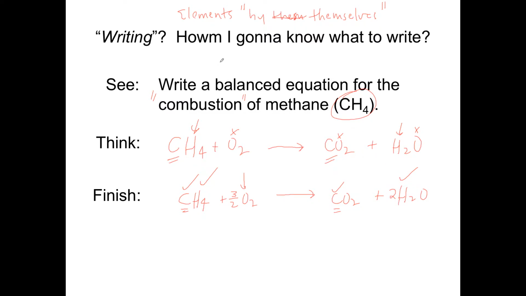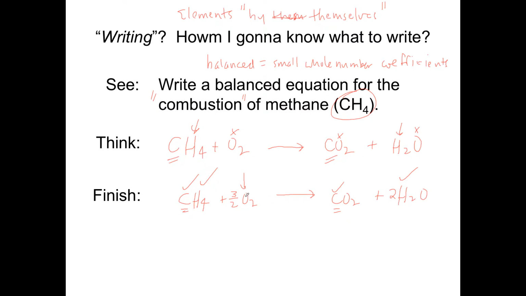By the definition of balance, it's often going to be small whole number coefficients. Okay, so 3 halves is not a small whole number coefficient, but I can make it one if I multiply everything by 2.